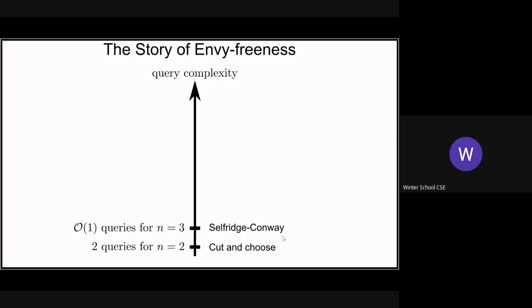So this was in the 1960s, and then until the mid 90s, we did not know a whole lot about cake cutting, until these 2 people, Brams and Taylor, political scientists, showed that there is a finite but unbounded protocol for NV-free division. Finite means that given any input, their procedure will terminate. It does not run forever.